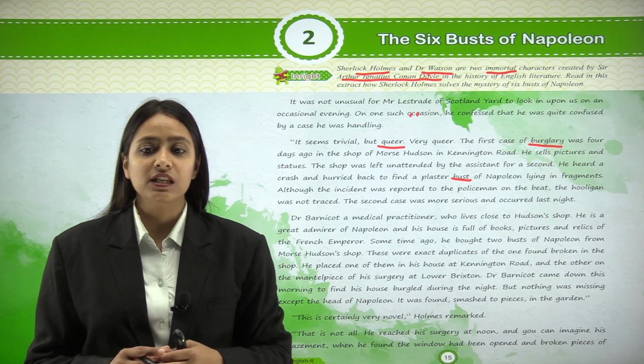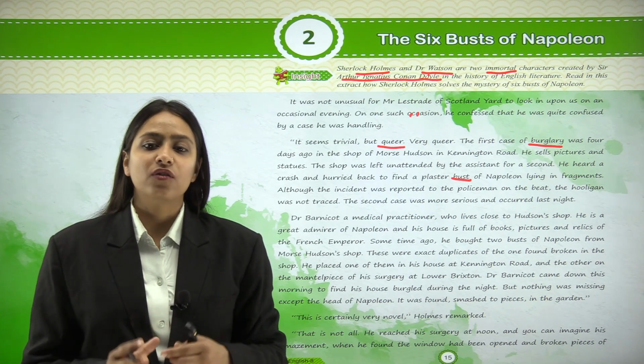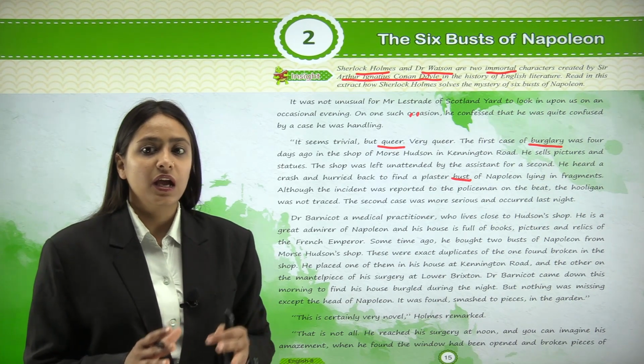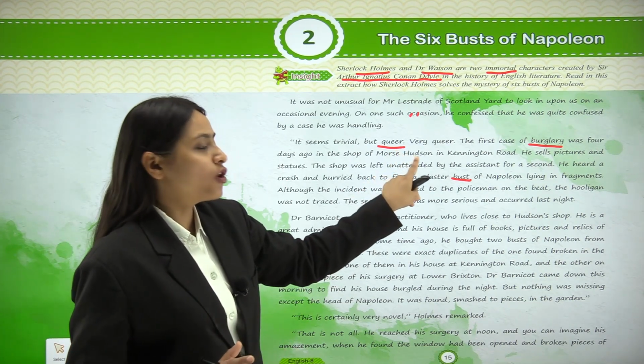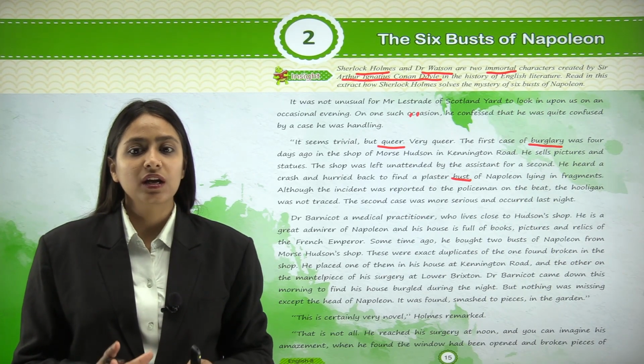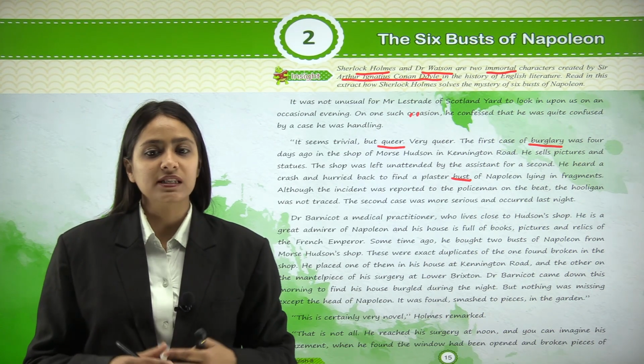So the second case was most serious and occurred last night. In the first case, what happened? There was a burglary in Morse Hudson's shop, where the bust of Napoleon was shattered into pieces. And what was the second case?